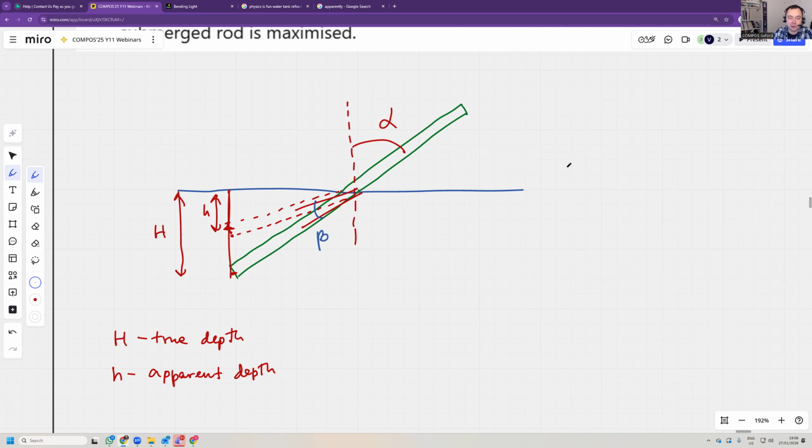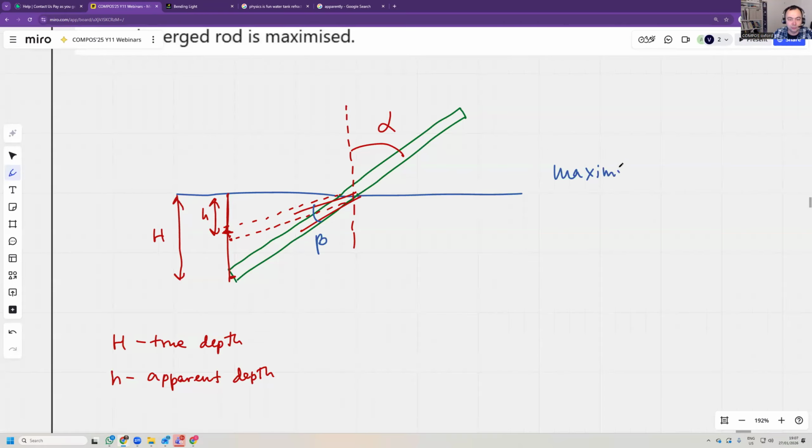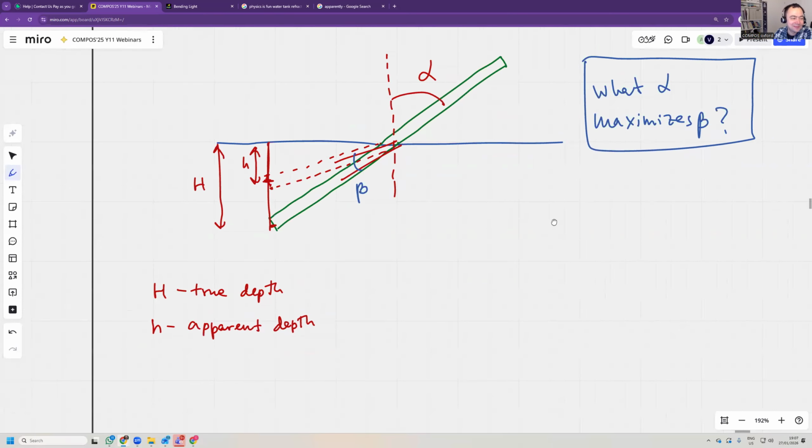So we need to maximize beta. So what alpha maximizes beta? That's the question we're trying to answer. So at what position does it look as bent as possible, effectively?